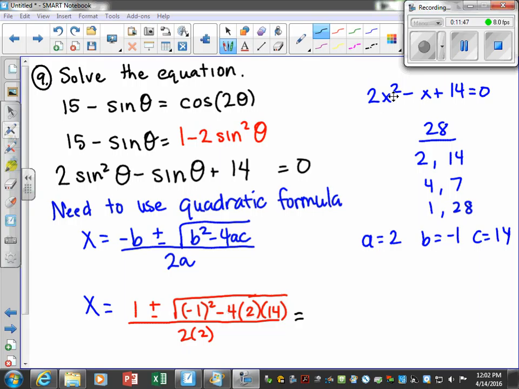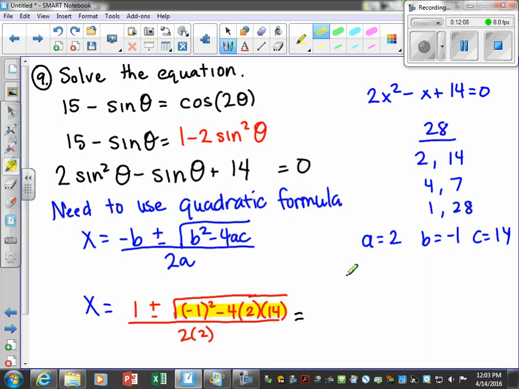Okay, so if we did the quadratic formula, our A would be 2, our B is negative 1, and our C is 14. And if I wrote my quadratic formula down and plugged it in, I want you to know that if you don't remember this from algebra, under this radical, this is called the discriminant, and it tells us about our solutions, okay?